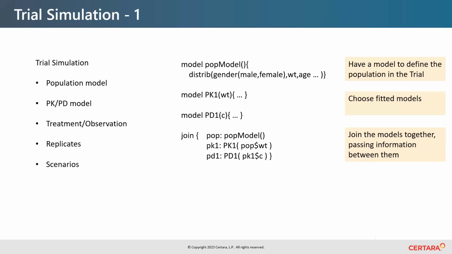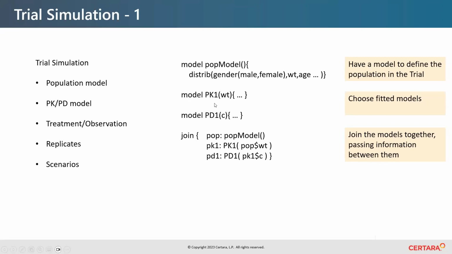There's a population model which generates subjects, and here's an example of it on the right. For instance, this particular population model generates whether subjects are male or female and what their weights and ages are. And I won't go into the details. Then you can take the PK, and if you want, there's PD; the PD model might be separate.